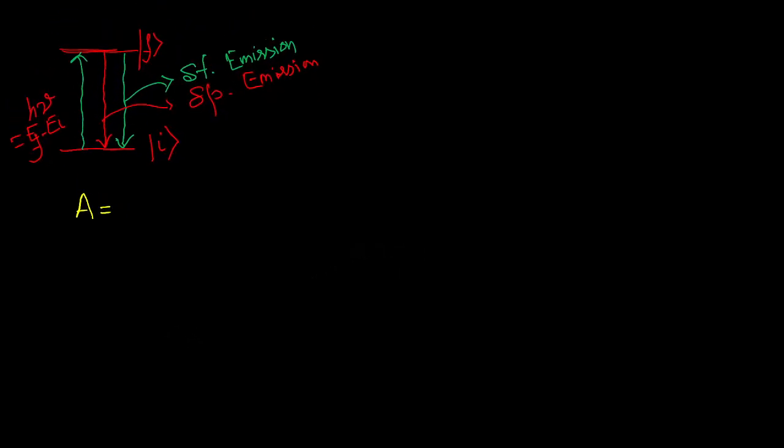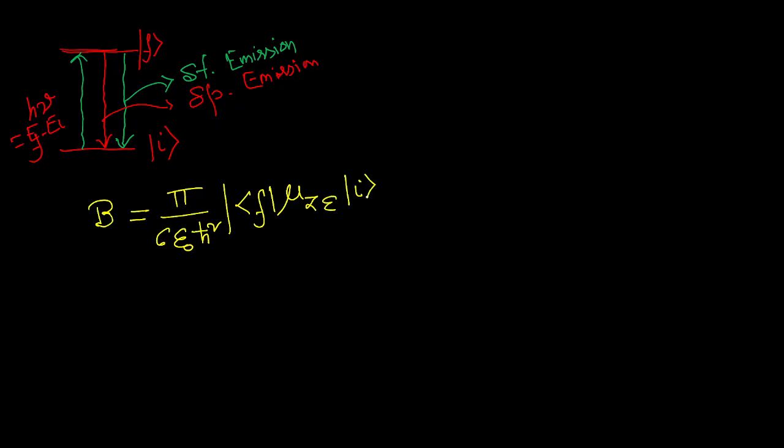The B rate constant, for stimulated emission as well as stimulated absorption, is given by an expression involving the transition dipole moment.